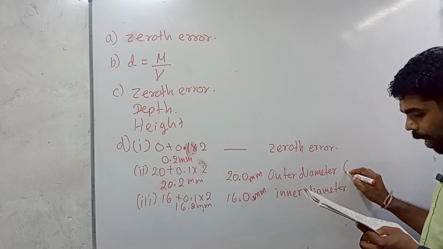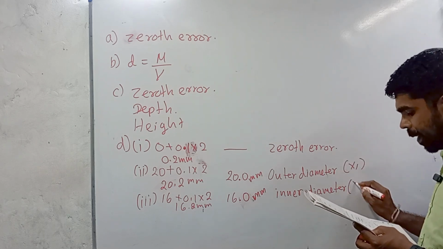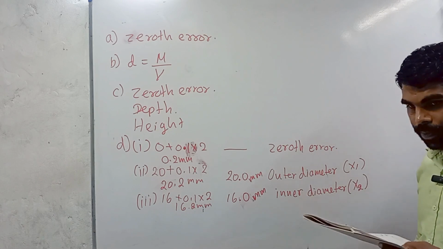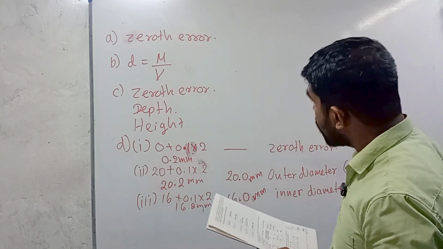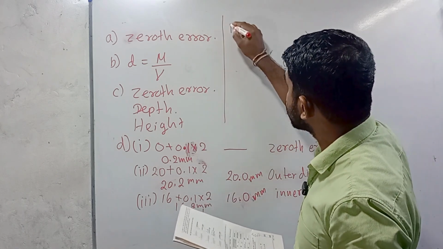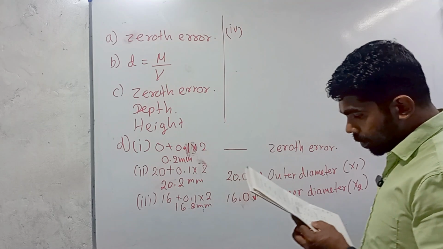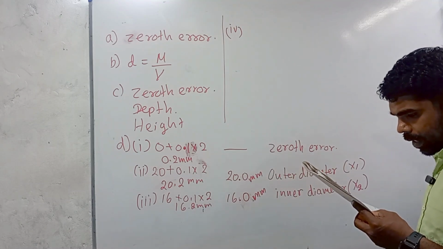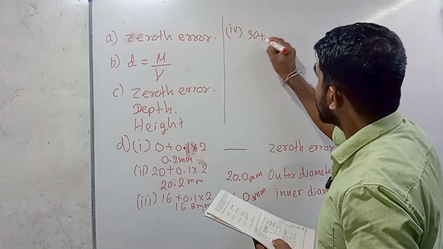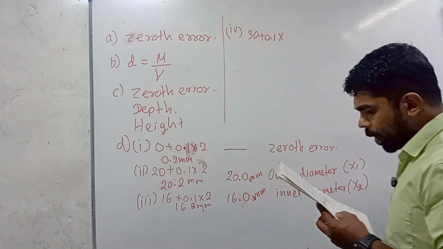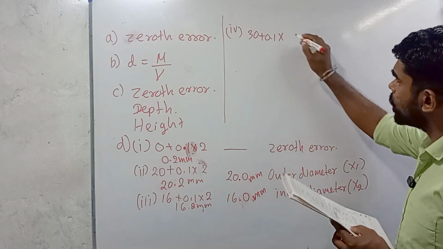They have given outer diameter as x1, inner diameter as x2. Then next reading, fourth part, main scale reading 30 millimeters, 30 plus 0.1 into coincided part again 2.